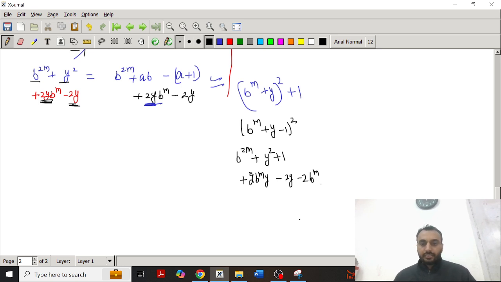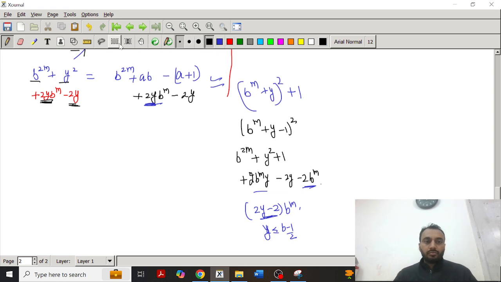So if we try to create this, and if you simplify this side, if I add these two, it becomes 2y minus 2 times b power m. Now as y is less than or equal to b minus 1 by 2, so 2y minus 2 will be less than or equal to b minus 1, definitely. 2y minus 2 is less than b minus 1.